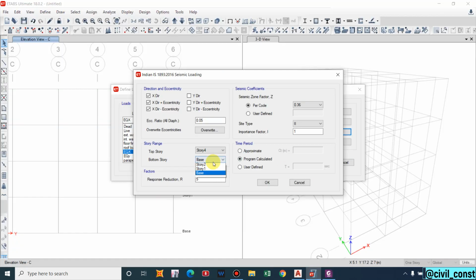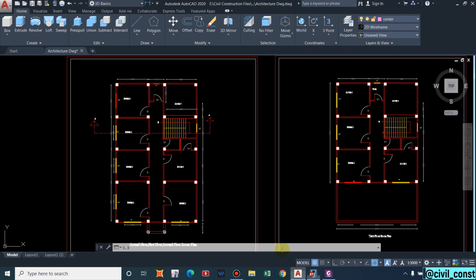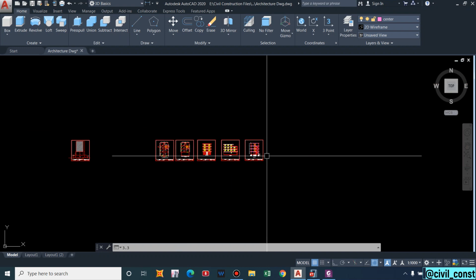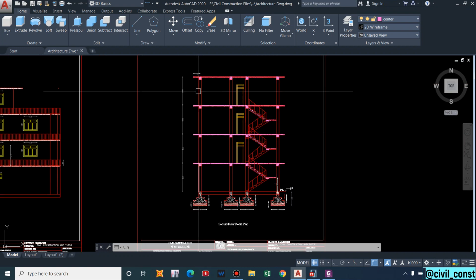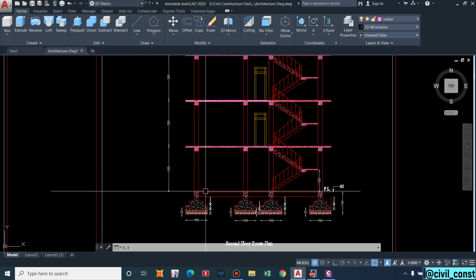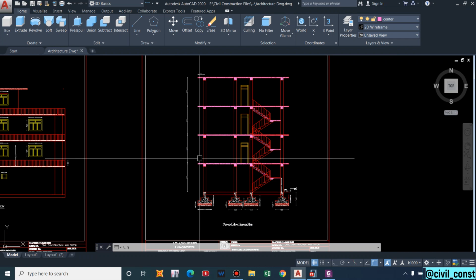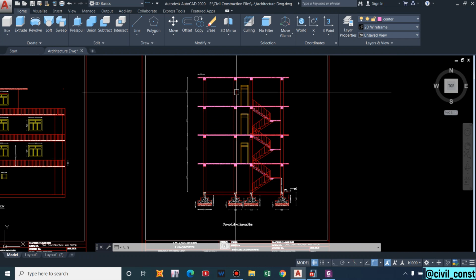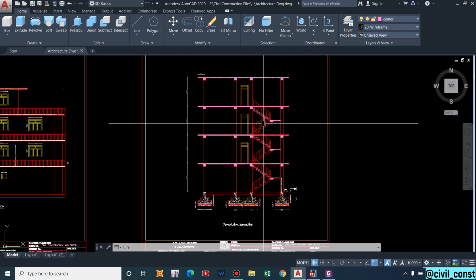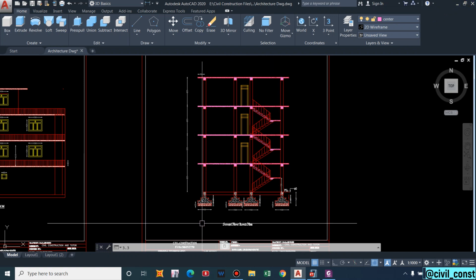So base and up to story 4. Let me show you in the architectural drawing also. We'll consider the seismic height from this level: 1, 2, 3, 4. So this is base, story 1, story 2, story 3 and story 4. With a basement, we have to consider the basement level as well.